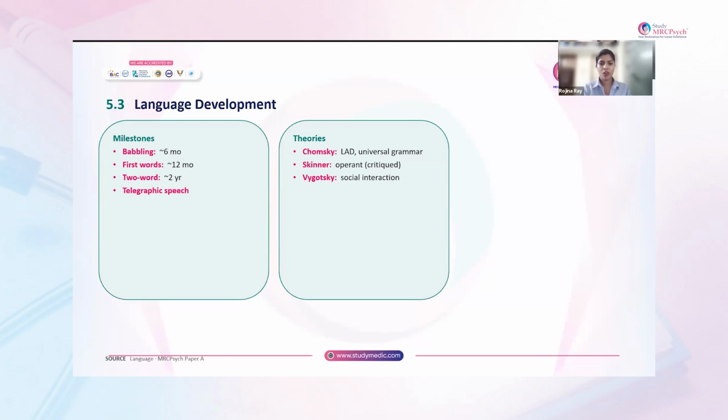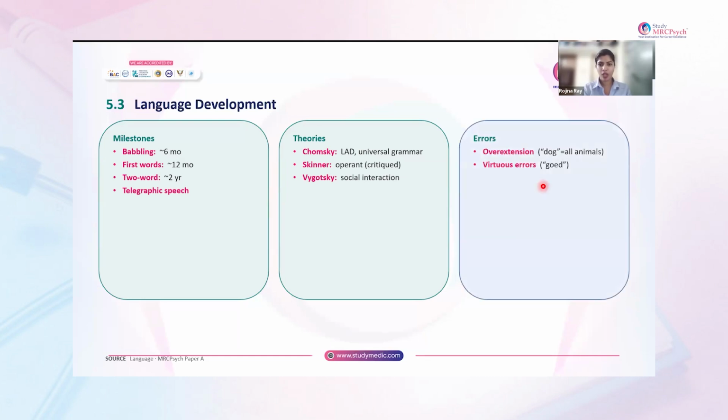Children also make predictable language errors. Overextension occurs when a single word is used too broadly. For example, a child calls all animals dogs. Then there are virtuous errors, or over-regularization errors, when children apply grammatical rules consistently.